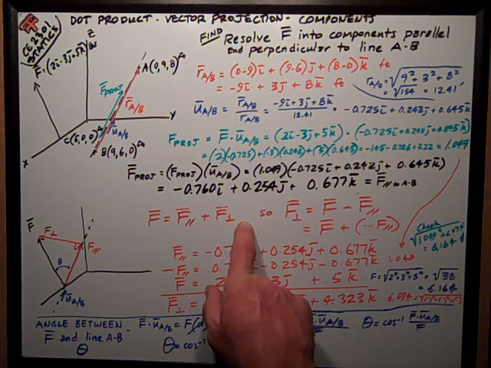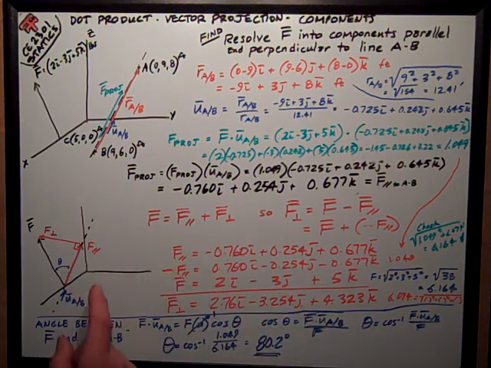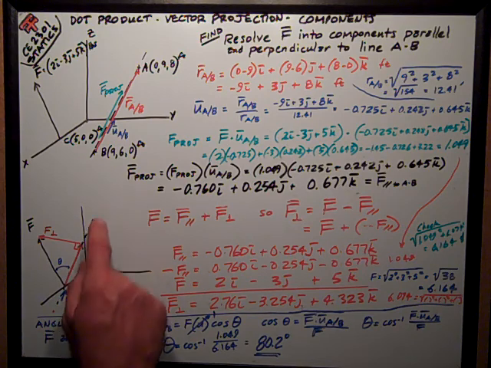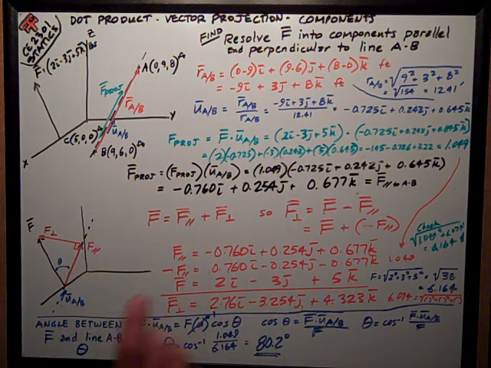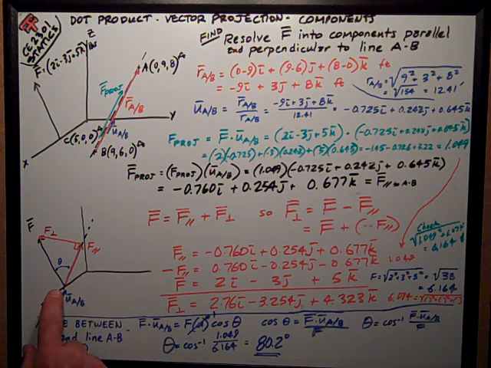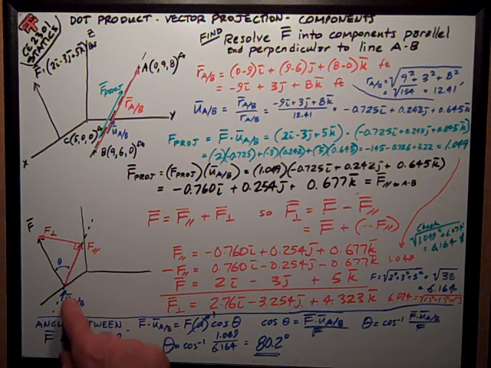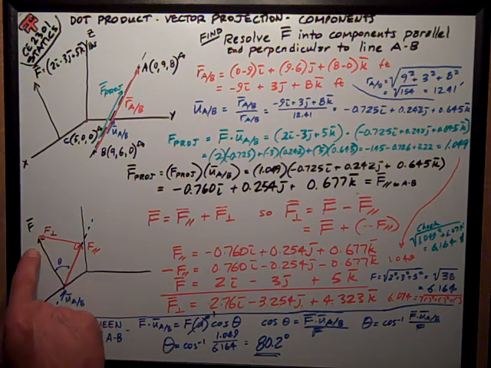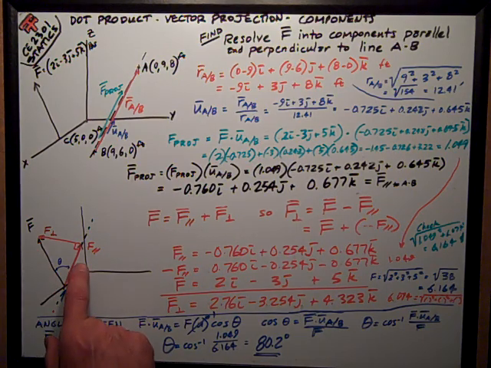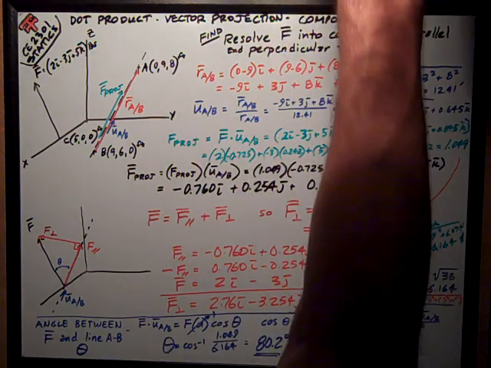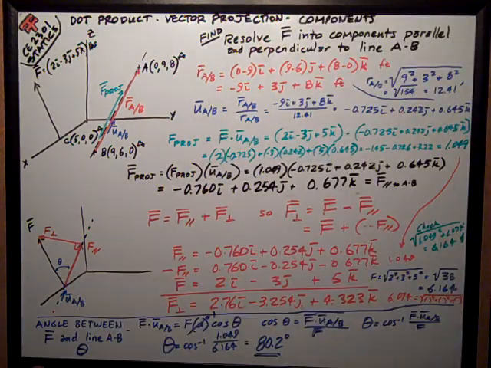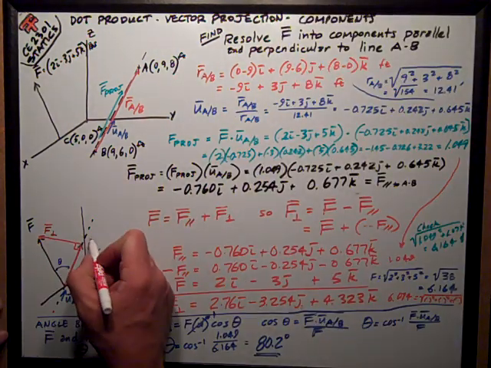So I use this relationship. And it helps me to think about it to move line AB, which is really just a direction in space, over here to point C, so that the line intersects that point. Then I can show this vector relationship where F is the resultant vector, F parallel, F perpendicular. Those should both have little lines over them to indicate that they are vectors.